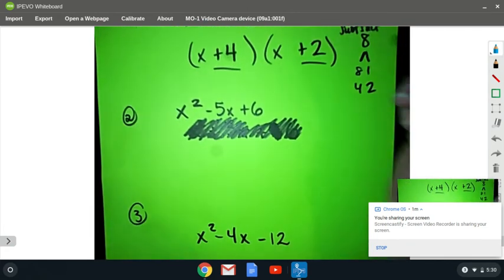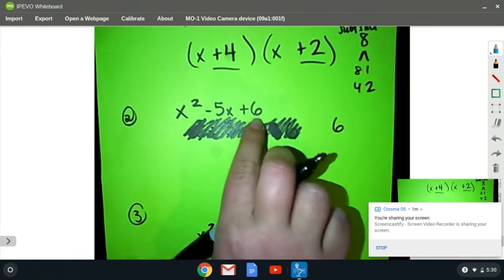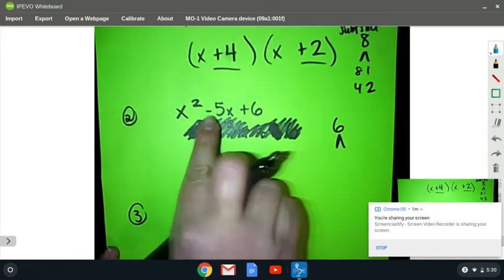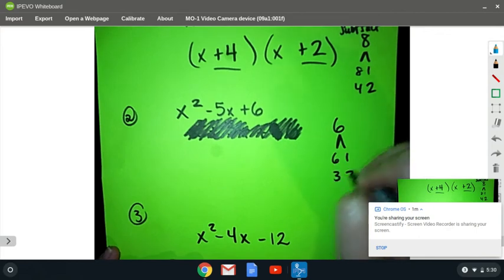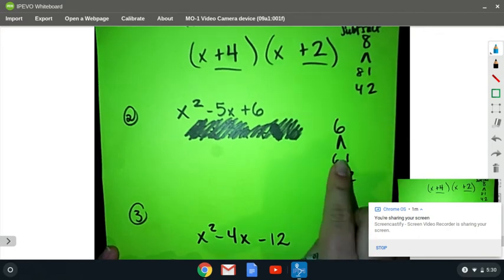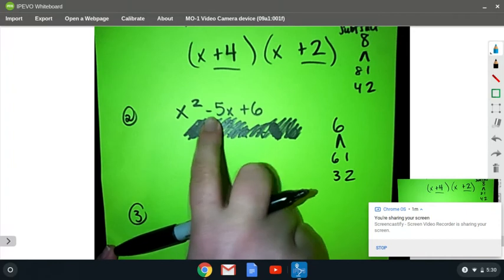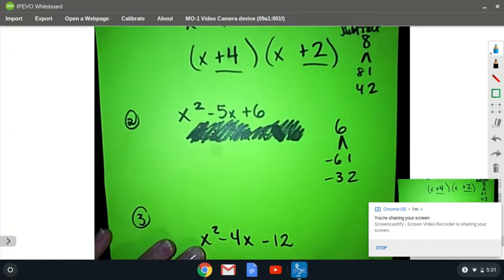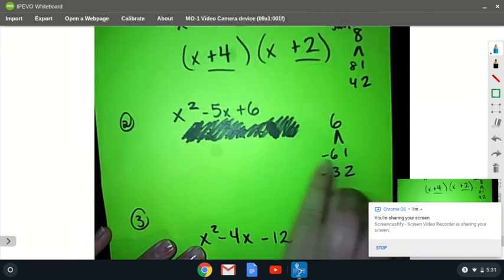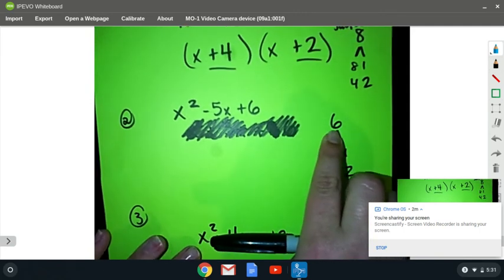Now here, we want to find factors of C, so 6, that add to be negative 5. So 6 and 1, 3 and 2. Obviously this is negative, so something has to be negative here. But if I make just one of these negative, negative 6 times 1, negative 3 times 2, that gives me a negative 6. So that would not work.